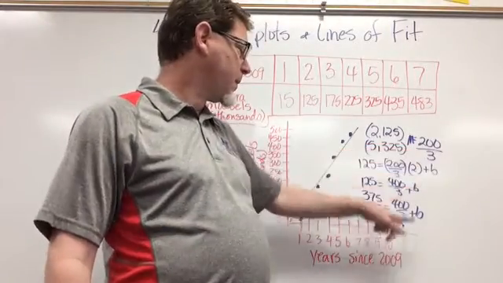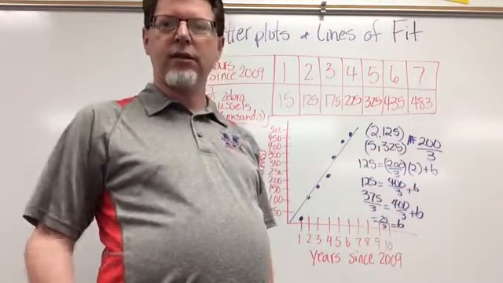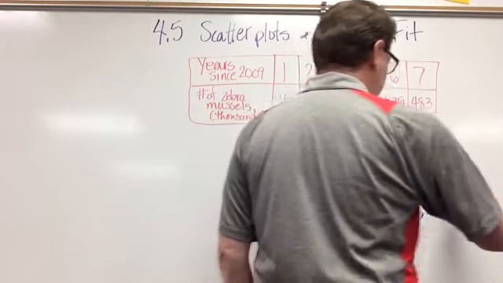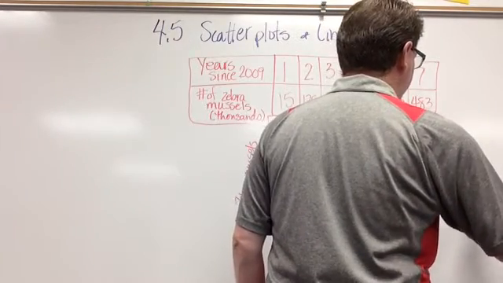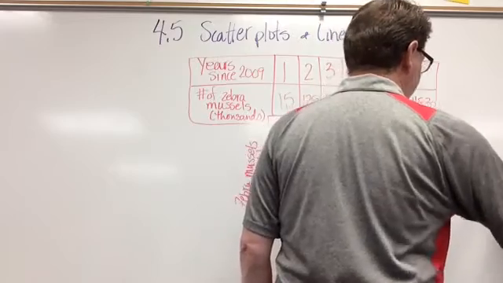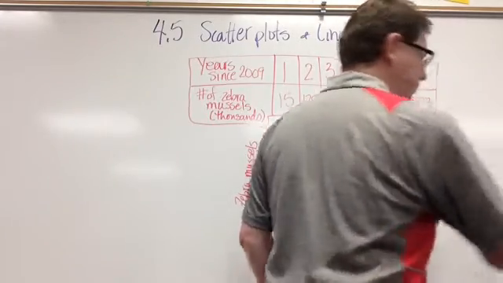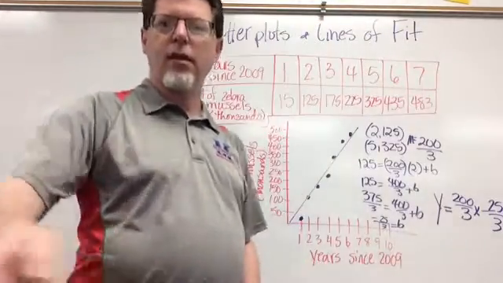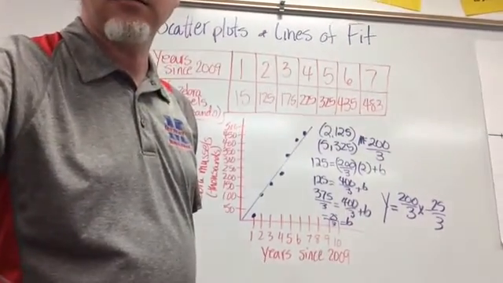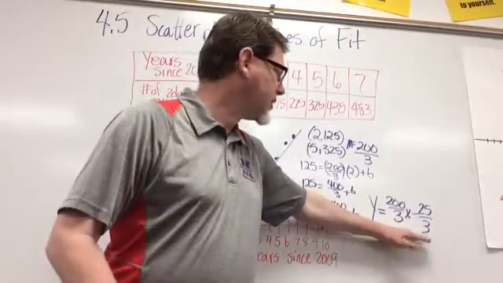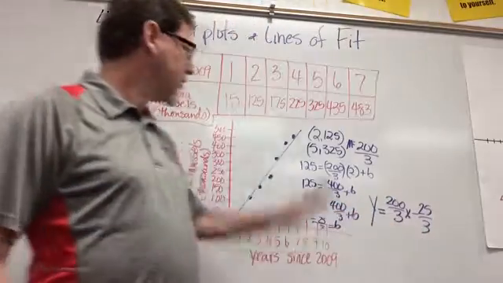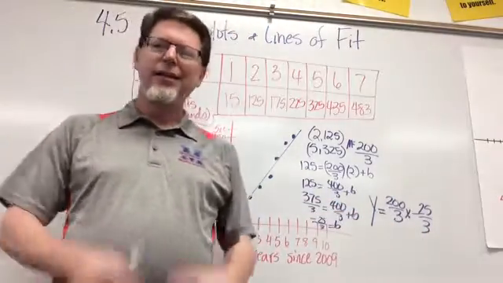I have my slope, I have my y-intercept. There's my equation. Y equals 200 over 3x minus 25 over 3. And you may or may not be able to see that. Oh, there it is. And that is the equation of the line of best fit that goes through my scatter plot. Okay, that's nothing new.